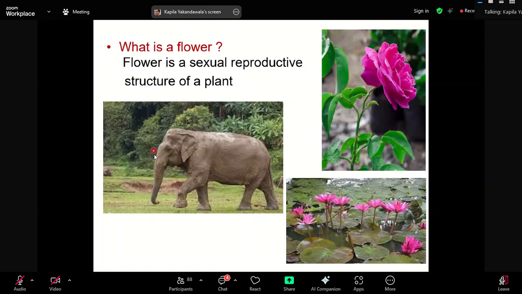But in the case of animals, we hide our reproductive structures until we need to use them. We never expose them. But in the case of flowers, they always advertise. Why? Because they want to attract others to their flowers. So that is the difference between the reproductive structures of animals and plants.